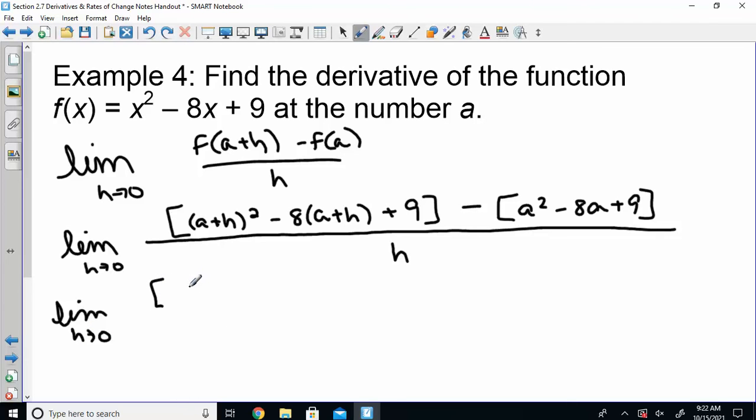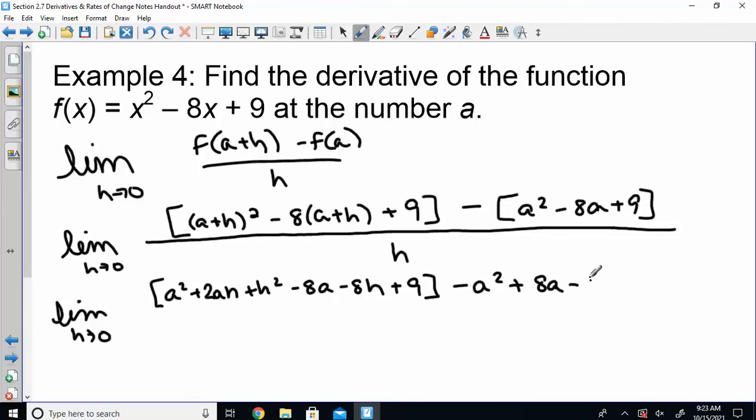so what do I need to do to square the a plus h? FOIL, so that would become a squared plus 2ah plus h squared. Is everybody understanding where I'm getting that? What do I need to do with my minus 8 times (a plus h)? Distribute the negative 8, so minus 8a minus 8h plus my 9.